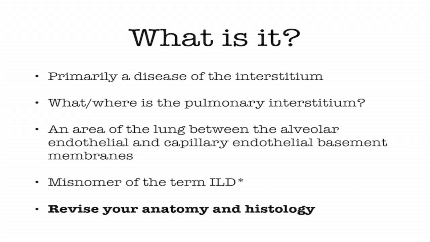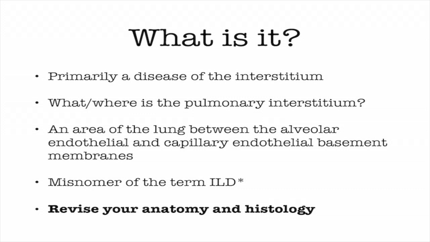So the interstitium is nothing but the area between the alveolar endothelia and the capillary endothelial basement membrane. But we also have to take note that the term interstitial lung disease is a misnomer, because the disease has been known to also involve structures outside the interstitium.